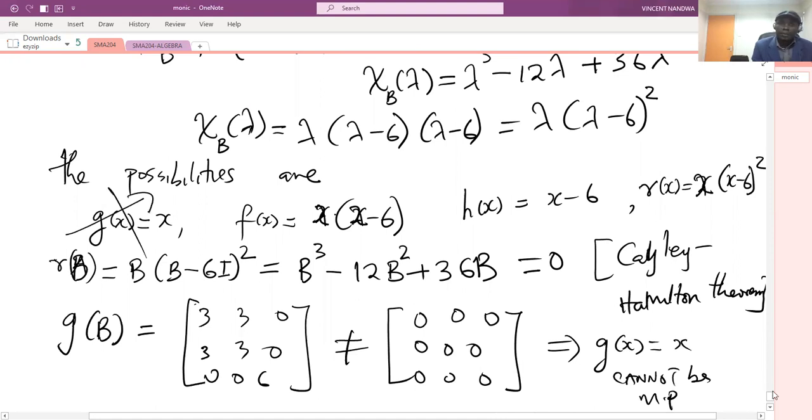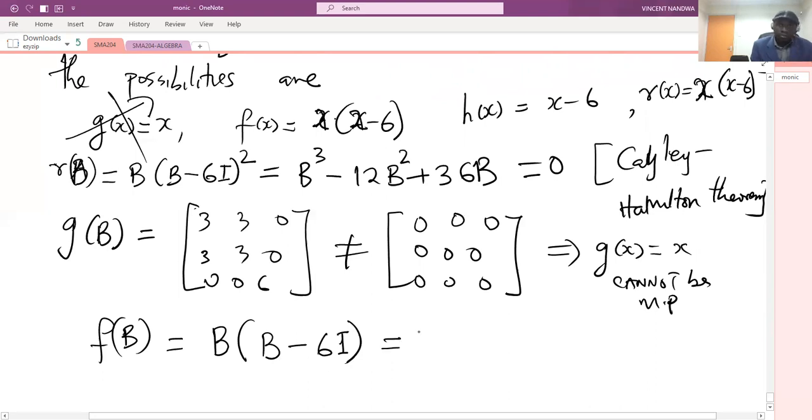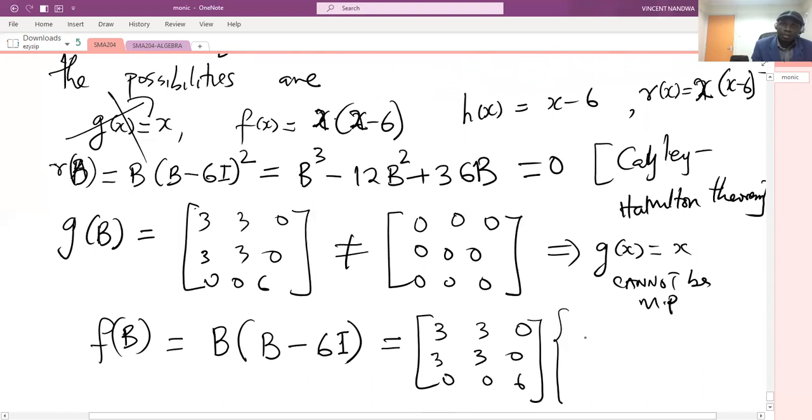Our next possibility, this one here, so f of B will be given by B into B minus 6. Now, this is a number that you have to multiply by an identity matrix to be in matrix form. So this will give us B, which is 3, 3, 0, 3, 3, 0, 0, 0, 6, into 3, 3, 0, 3, 3, 0, 0, 0, 6.